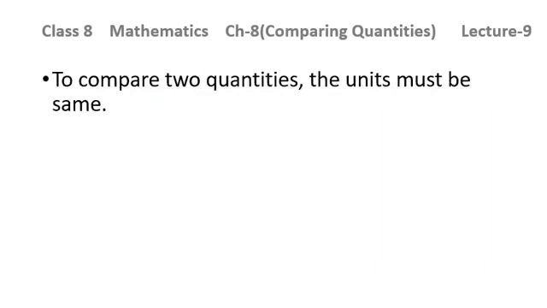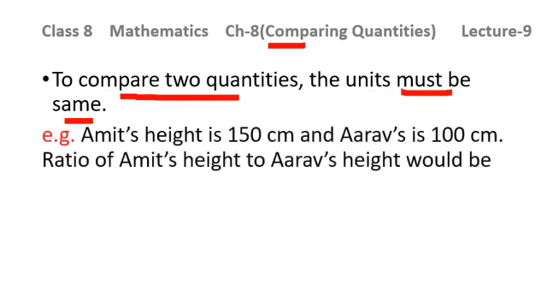And this is the chapter of comparing quantities. So if we need to compare two quantities, the units must be the same. The units of the given two quantities must be the same. Then only we can compare two quantities. If the units are not the same, then we need to convert into any of the units given to you. For example, Amit's height is 150 centimeter and Arav's height is 100 centimeter.